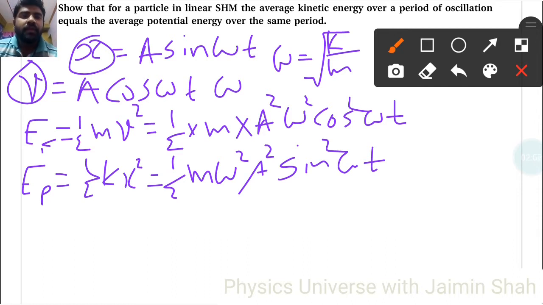Okay, now see, it is given average potential energy, right? So we have to find average kinetic energy and average potential energy.